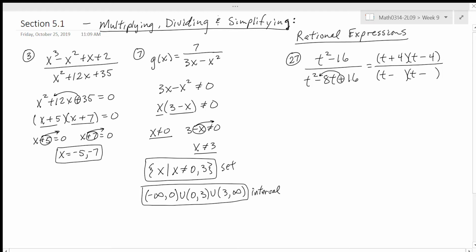And the numbers that multiply to make 16 and add to make 8. 4 and 4. And now do you see we've got the entire rational expression factored. Now is there anything the same top and bottom? And so those will cancel. Factor and cancel. Whatever's left is the answer.